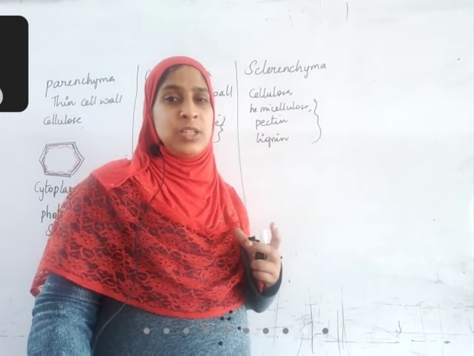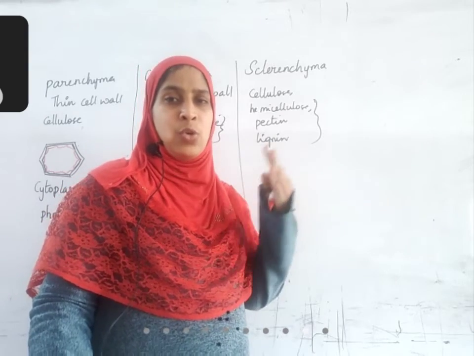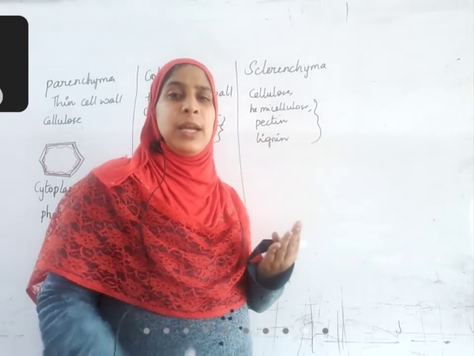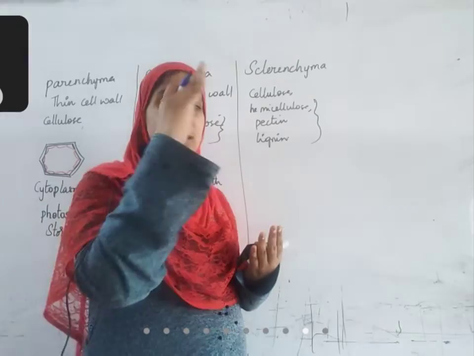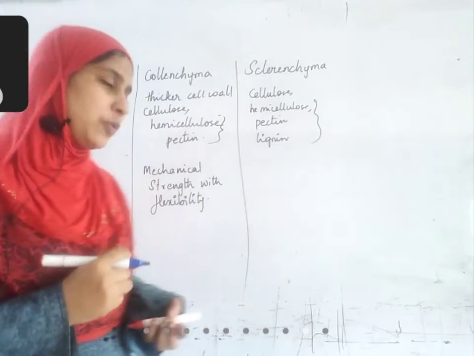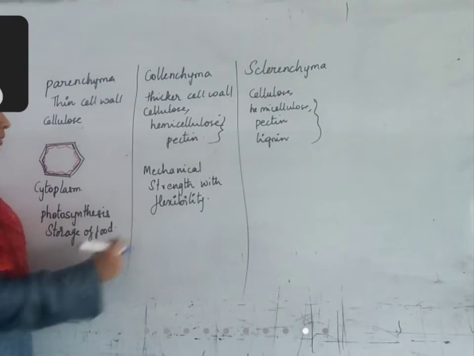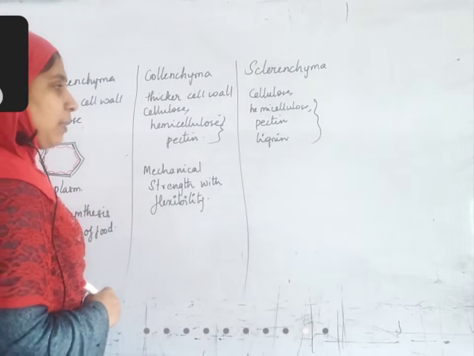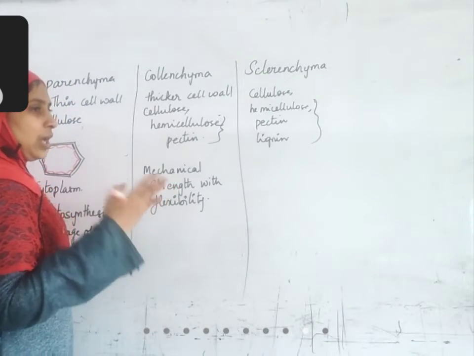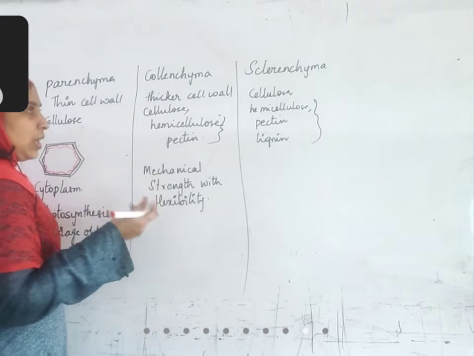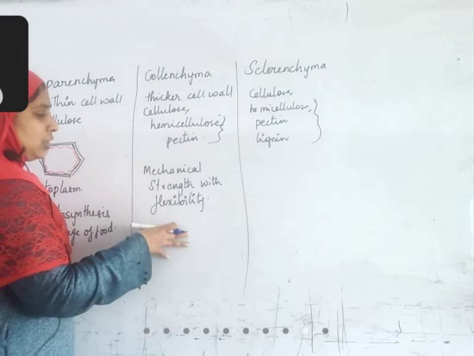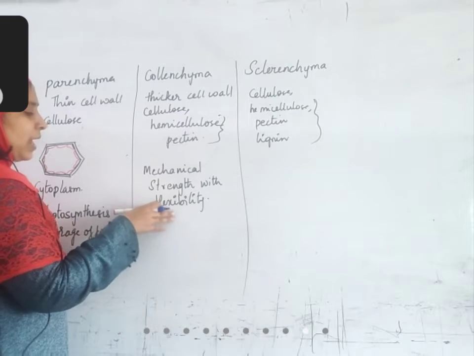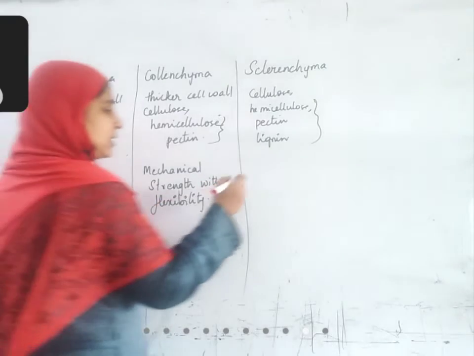That thicker stem helps them move forward, they grow forward, but it's not able to stand straight. It needs support to stand. That type of stem has collenchyma. Okay, they are very tender, but they can bend also. That type of parts of the plant have collenchyma.